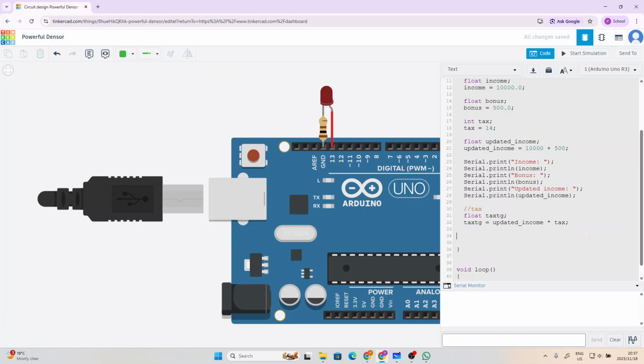Right. So let's print all of this out. We're going to say Serial.print, tax to pay. And our tax to pay is going to be whatever number this equation gives us. Now note, when you're coding, you never use a multiplication sign, you use the star, because computers see the multiplication sign as a normal x.